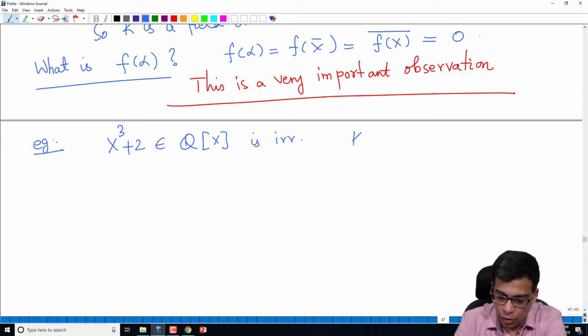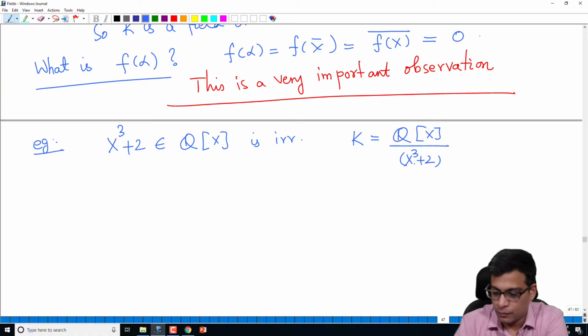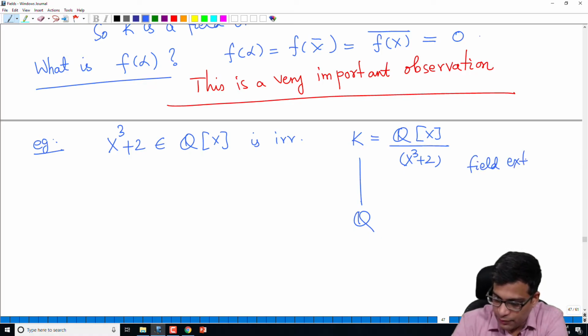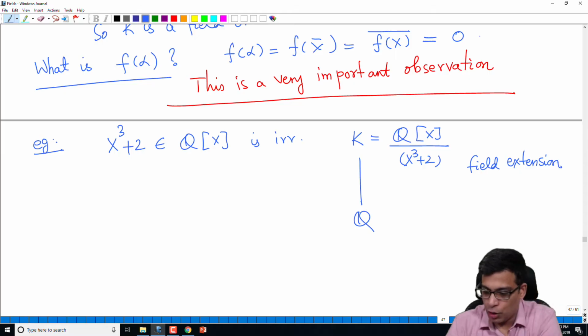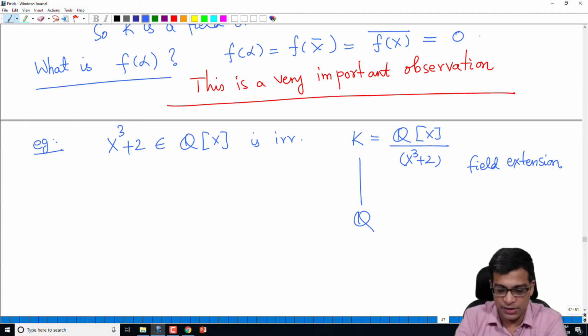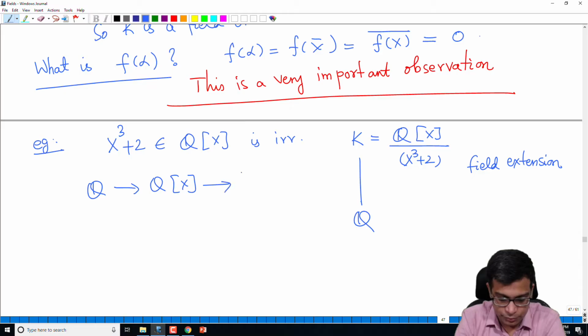So what do we do? We take K to be Q[x] modulo x cubed plus 2, right? This, by the observation I made earlier, is a field extension because the rational numbers are not really disturbed in K. Only x becomes x bar, but rational numbers under this composition of these maps are unchanged.